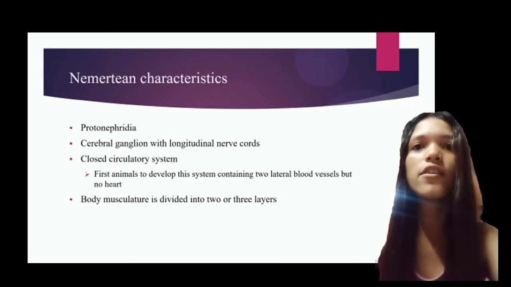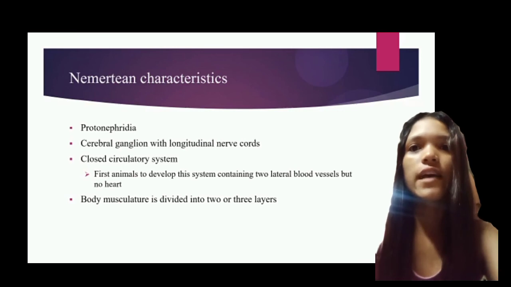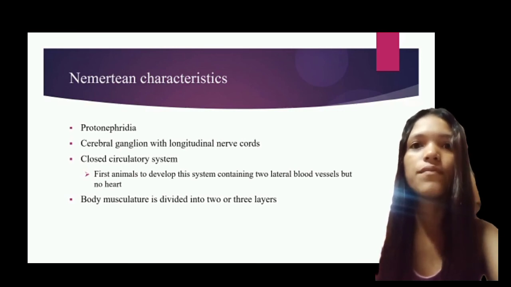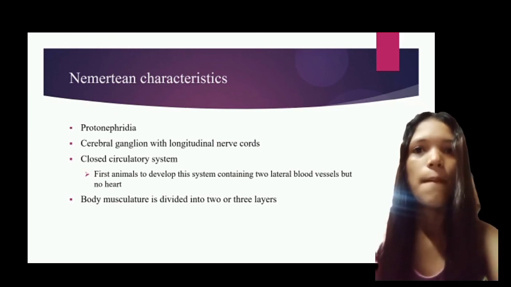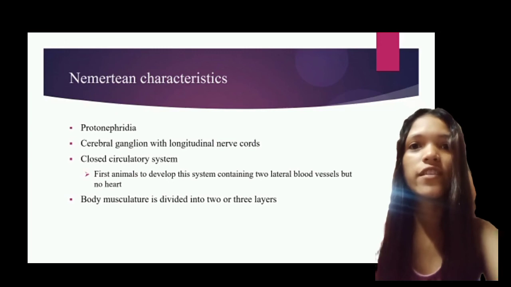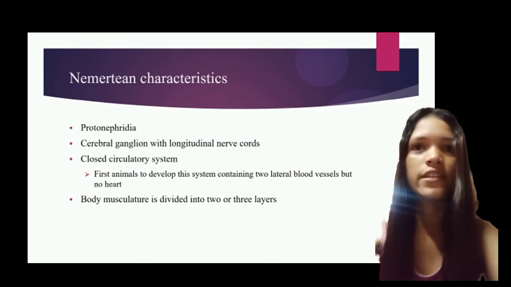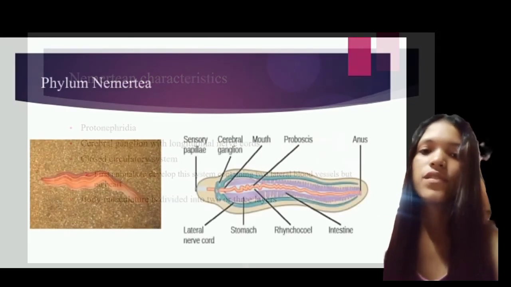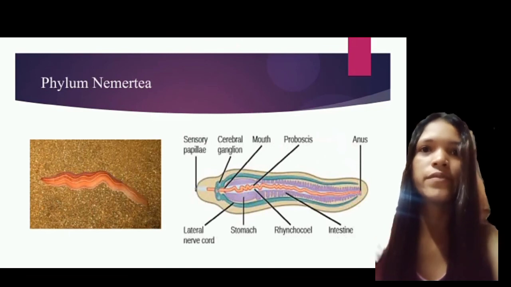Cerebral ganglion with longitudinal nerve cords. Closed circulatory system, the first animals to develop this system, containing two lateral blood vessels but no heart. Body musculature is divided into two or three layers. So let me show you a picture of phylum Nemertea and its body parts.